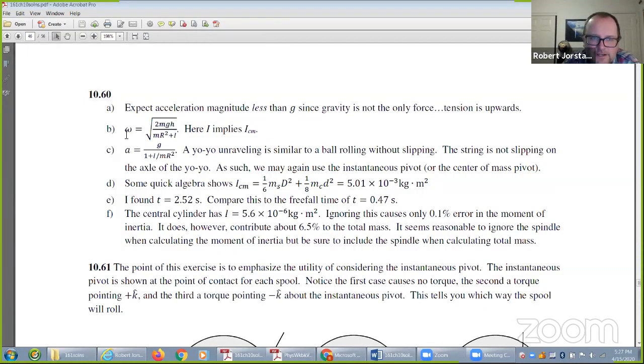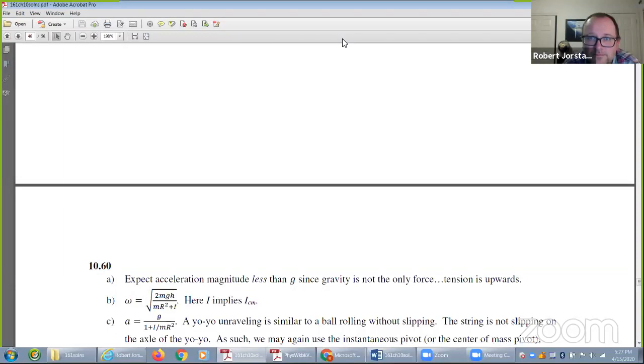See if you can write down the energy equation, and I will too. And notice here, it looks like I means I center of mass. Okay, so I'm going to give myself a little space to work here.